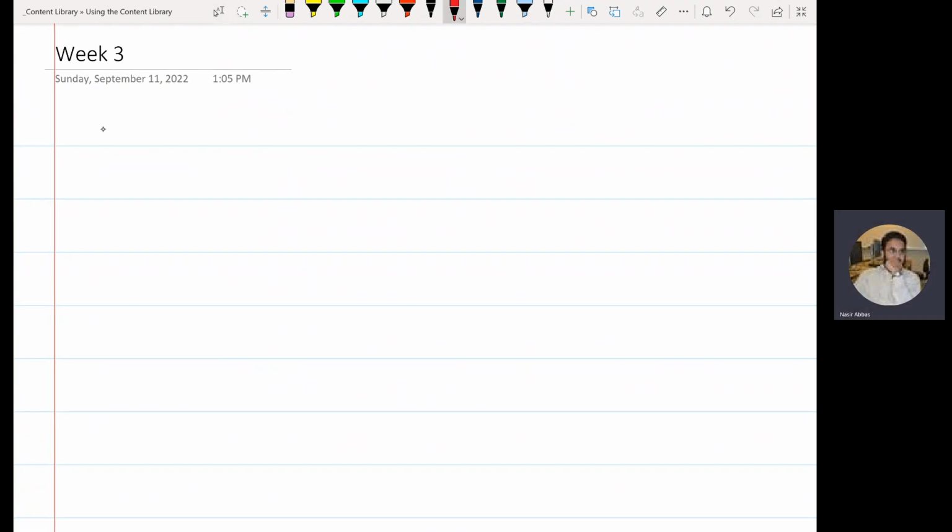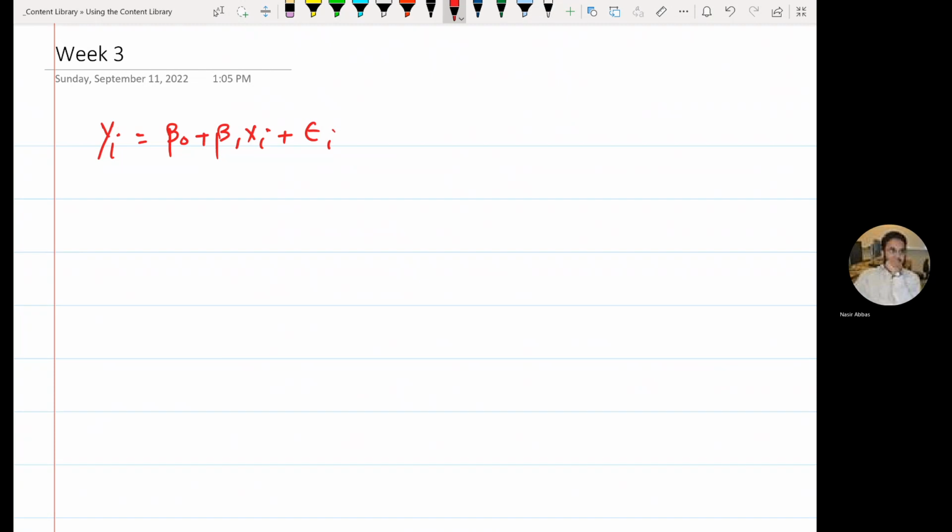The bottom line is that this is your model. In this model, this is the equation of the point. In this model, the line is this one, the one you want to estimate.